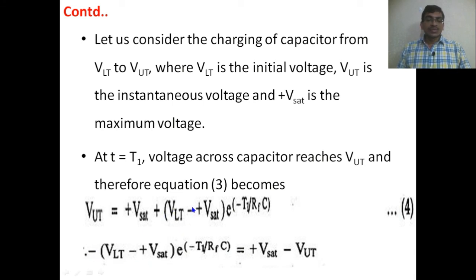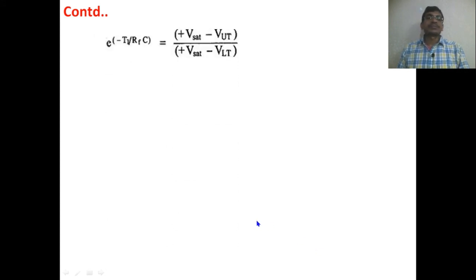Therefore, if you write only this equation, minus of VLT minus plus V saturation into e power minus T1 by RF into C is equal to plus V saturation minus VUT.